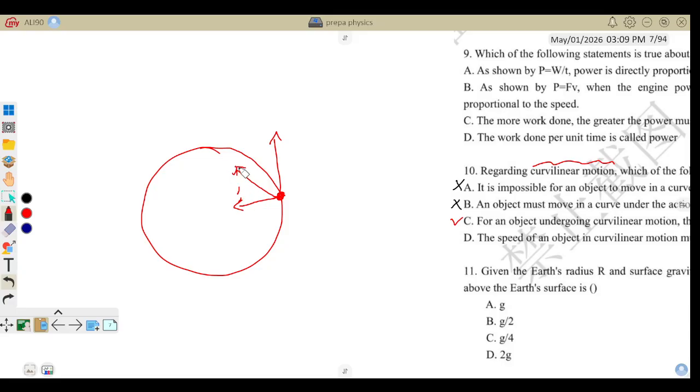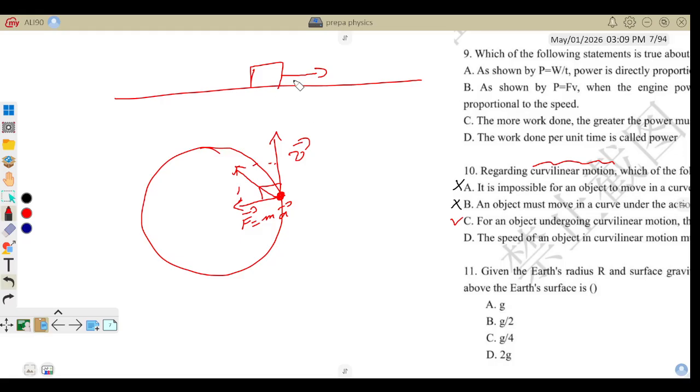This force has a normal component, one forming a right angle with the velocity. So the force, which means the acceleration, must have a component forming a right angle with the velocity.